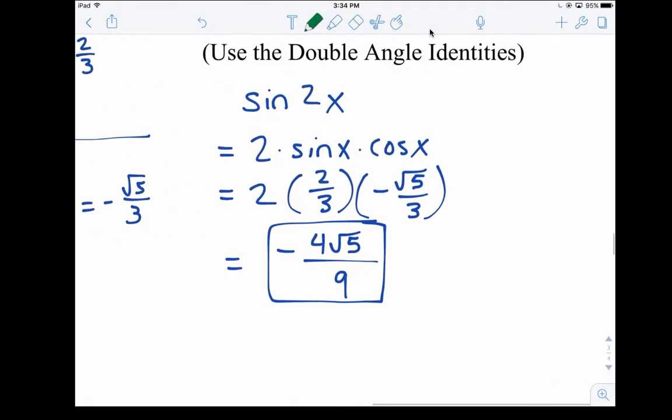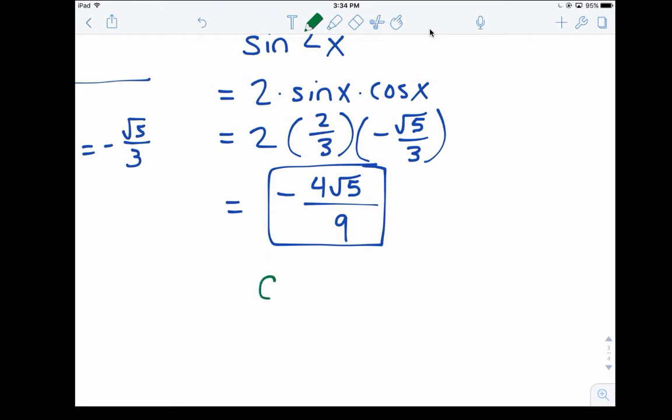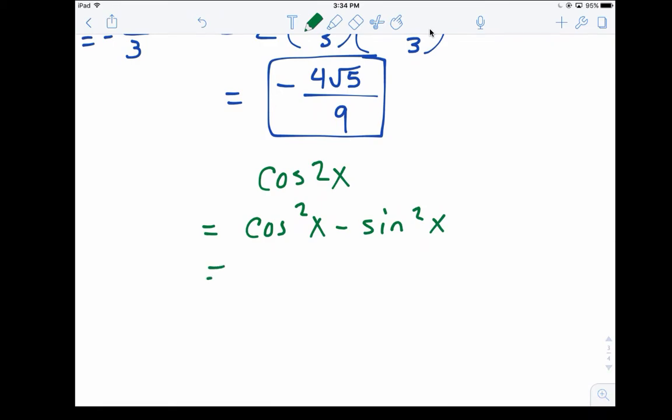And then the last one you have is cosine of 2x. Now cosine of 2x is cosine squared minus sine squared. And then all you're doing is just plugging in your ratios. So cosine is negative root 5 over 3 squared minus sine squared is 2/3 squared.